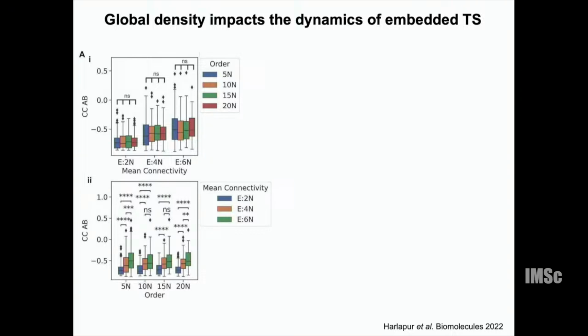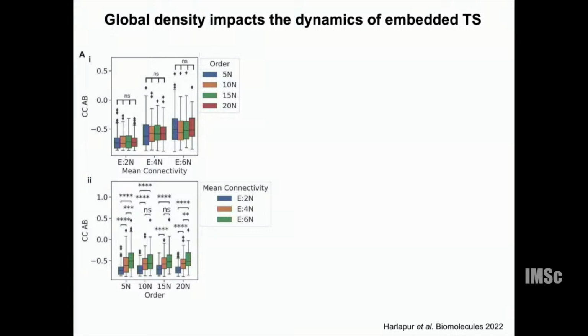But if you do the opposite, keep the size fixed and increase the density, you see a trend. The higher the density, the weaker the correlation coefficient between A and B. The unembedded is somewhere here, minus 0.8. So clearly, as soon as you embed it, you begin to see values higher than the unembedded case, which means that the mutual antagonism or exclusivity between them is weakening.